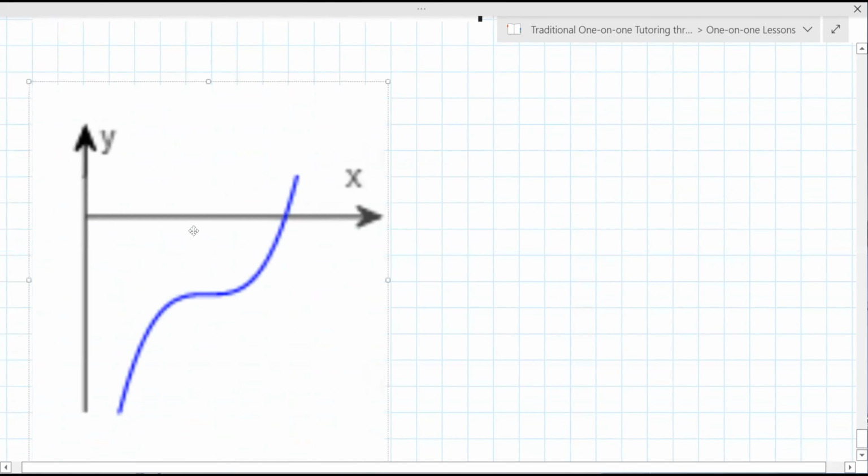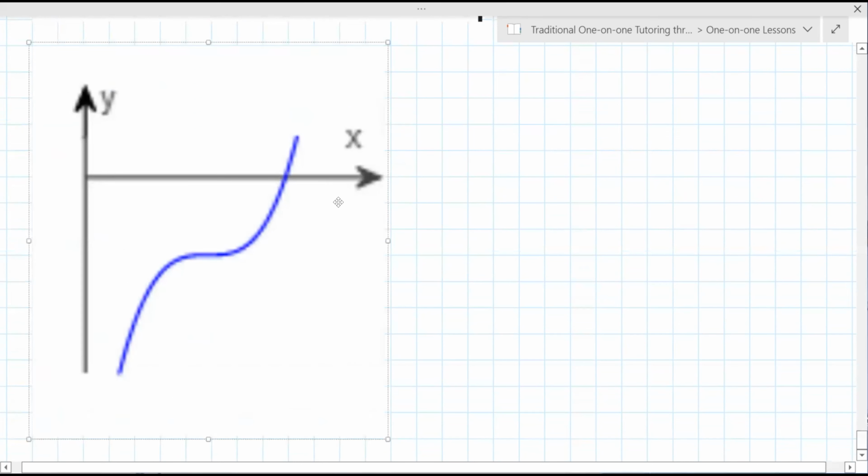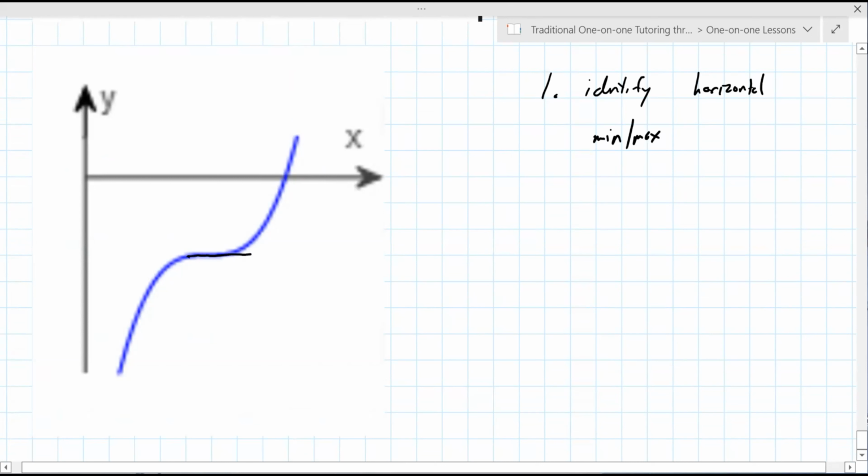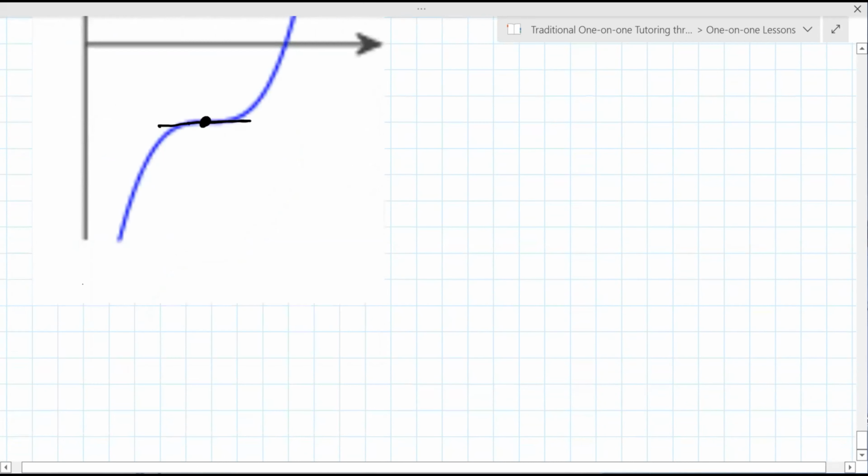They're very visual, especially in a classroom or even a lab, because there's a set of steps here. The first thing you do is you identify horizontal tangents, and those could be mins, they could be maxes, or just where, like right here, this is a horizontal tangent right here.